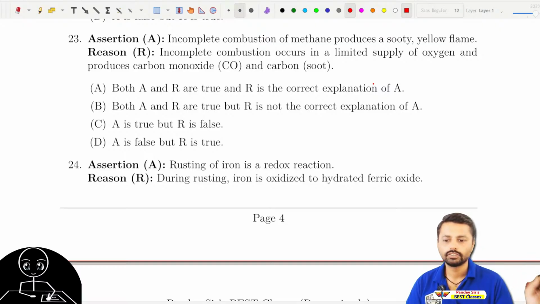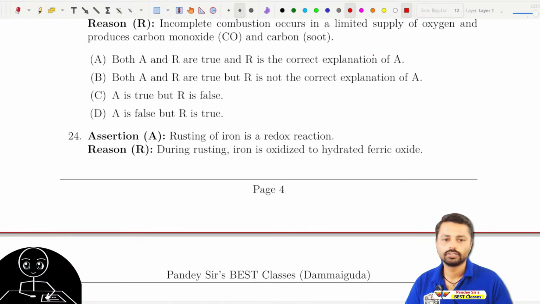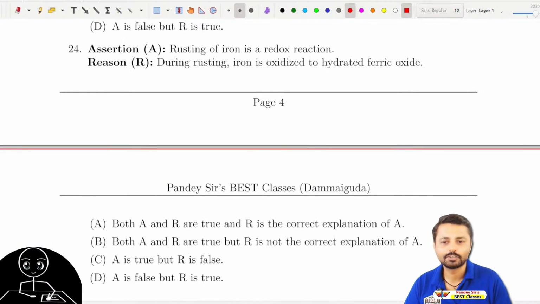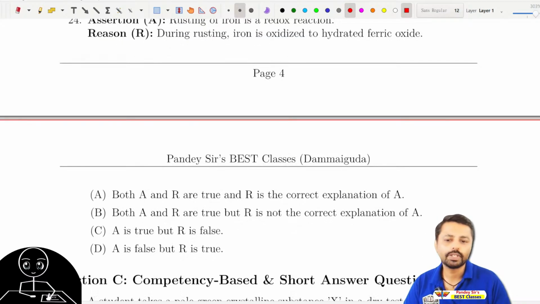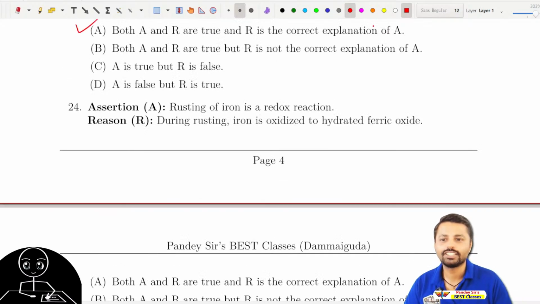I give all the correct explanations only, but in the exam it won't always be correct. Even though here both are correct, in the exam they don't always give both correct. Next paper I'll prepare with some wrong answers also, where one assertion or reason must be wrong.